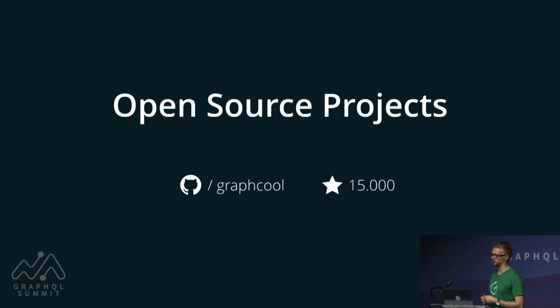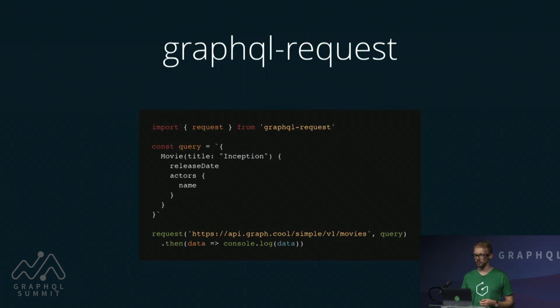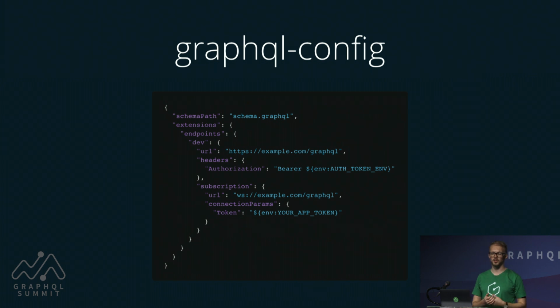So maybe you've seen some of our open source projects so far. For example, we've written probably the smallest GraphQL client so far, which you can use both in the front end and back end. Together with Facebook, we've also worked out GraphQL-Config, which is the foundation for quite a couple of GraphQL tools.